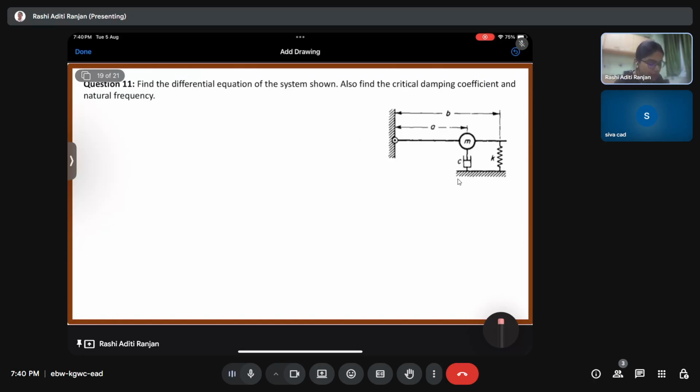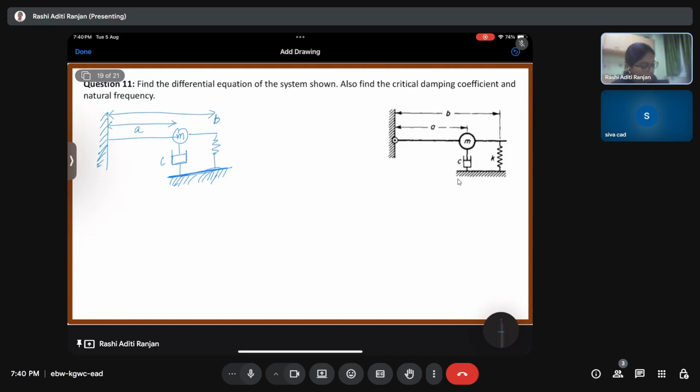Okay, so over here we have the mass, then we have a spring over here. Both of them are at the same level actually. It is important to note. This is A, and this is B.